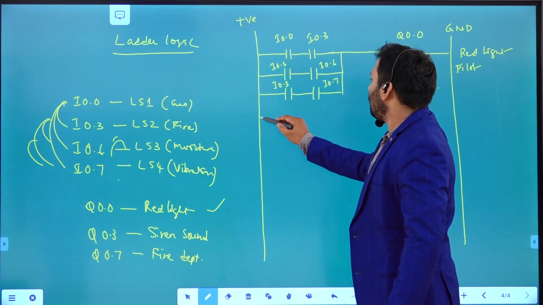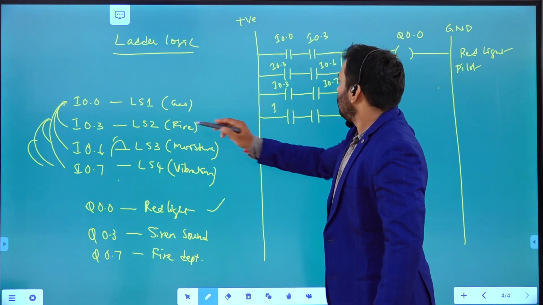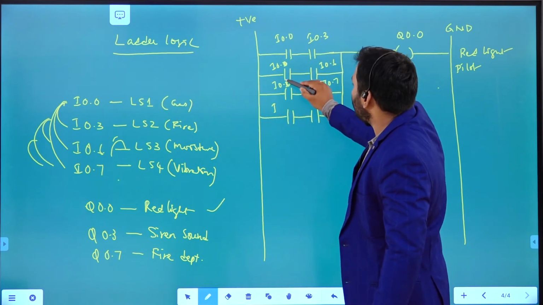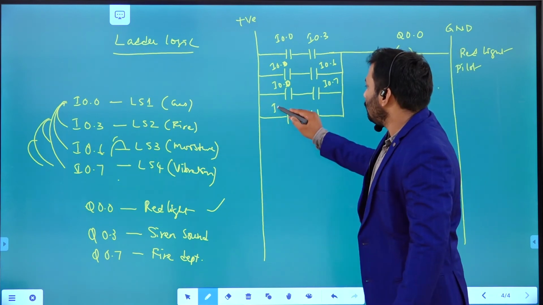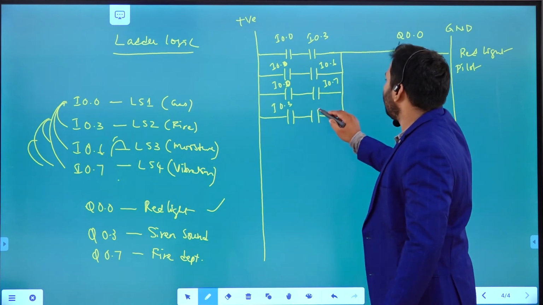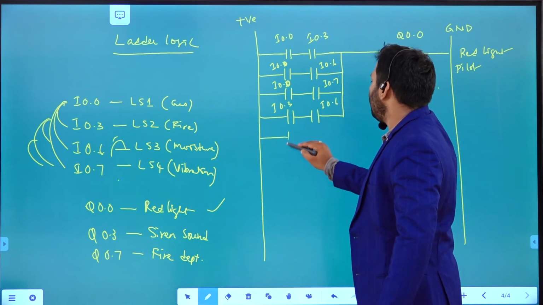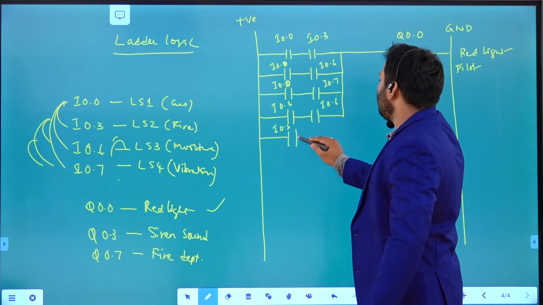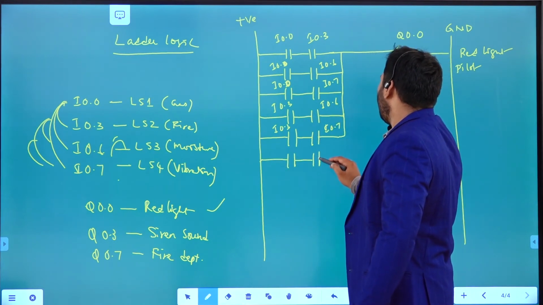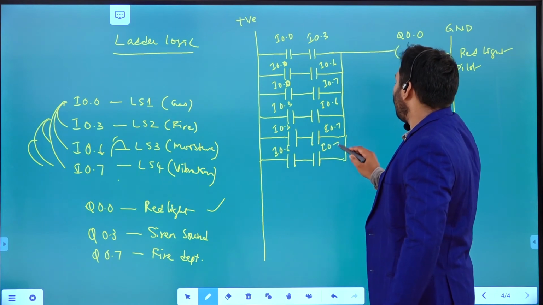The other combination is what? I 0.6 and I 0.7, right.